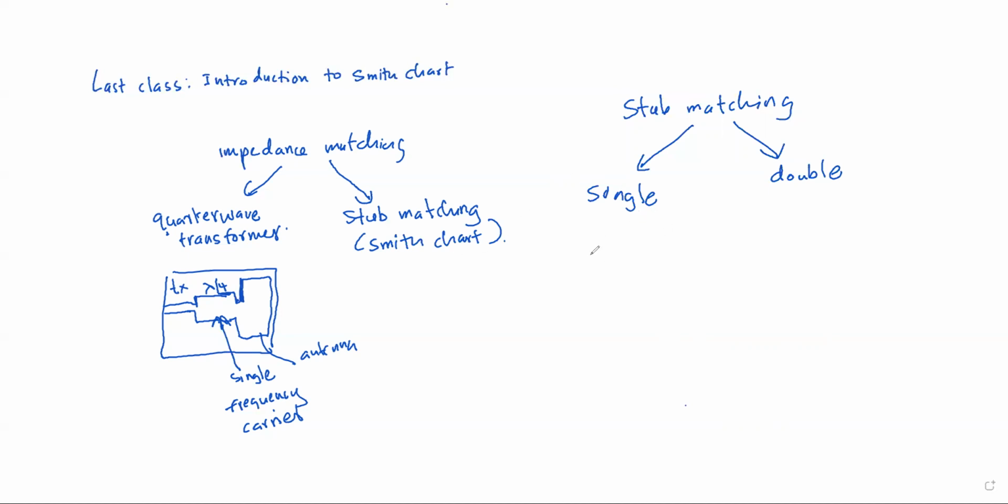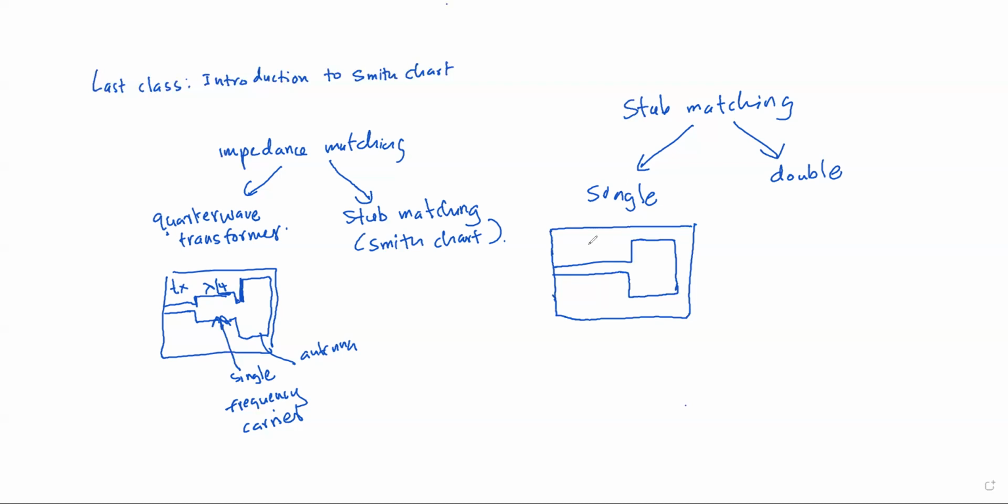For example, I will take the same example that I always take, the microstrip antenna, with the stub connected to the antenna. Here we have a transmission line connected to the antenna, and we are feeding it. This is the circuit.